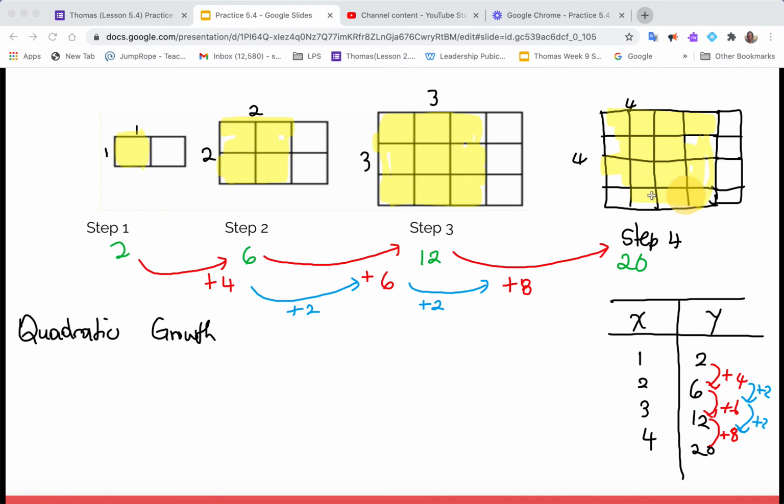and then there's an additional column of squares. So there's a 1 by 1 here, there are 2 extra squares here, there are 3 extra squares here, and 4 extra squares on step 4.